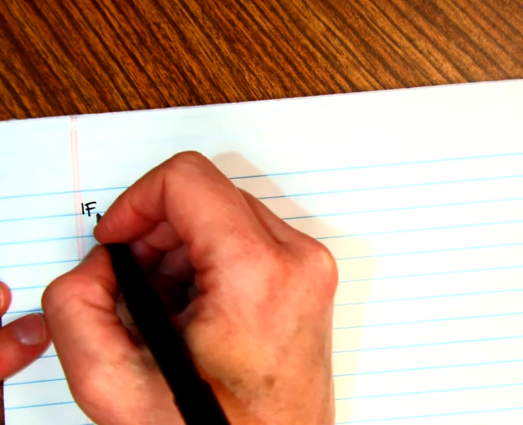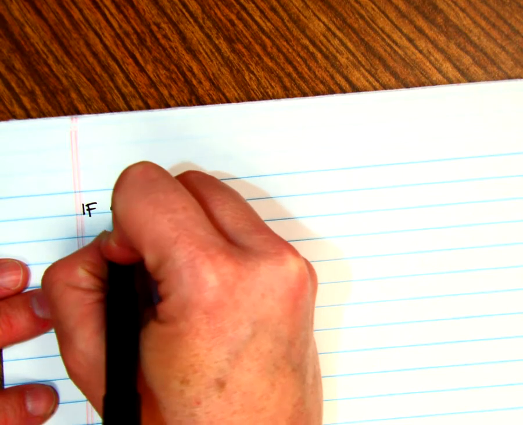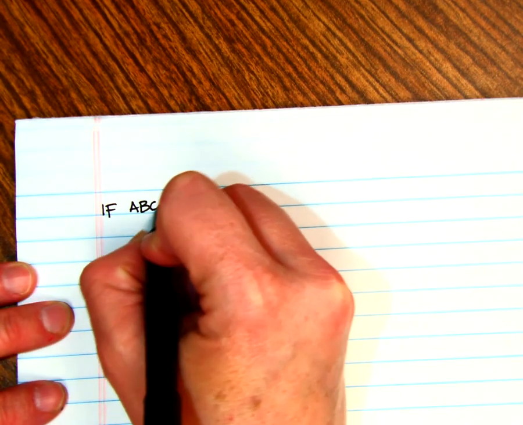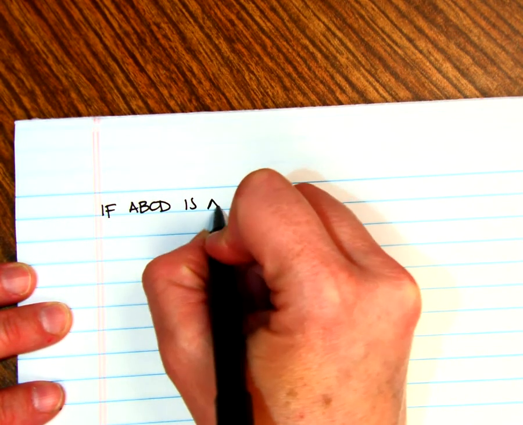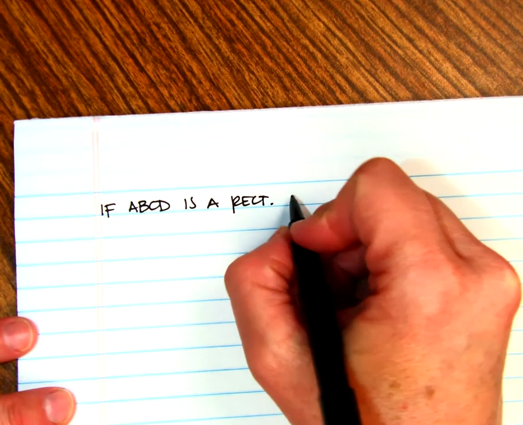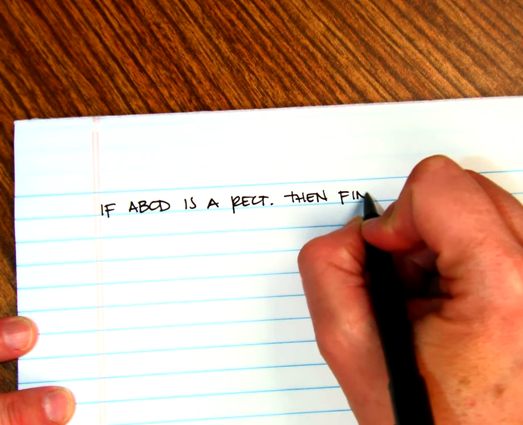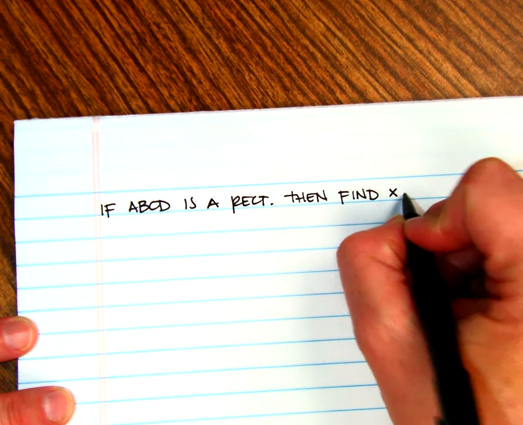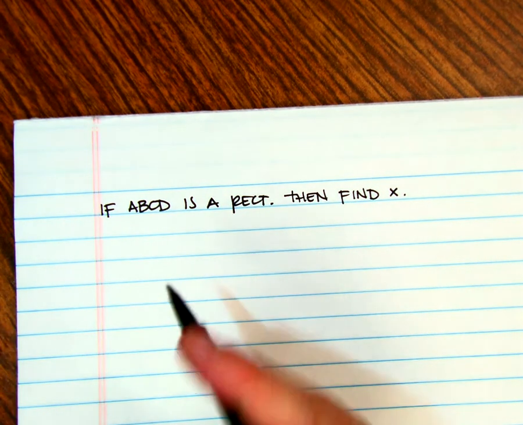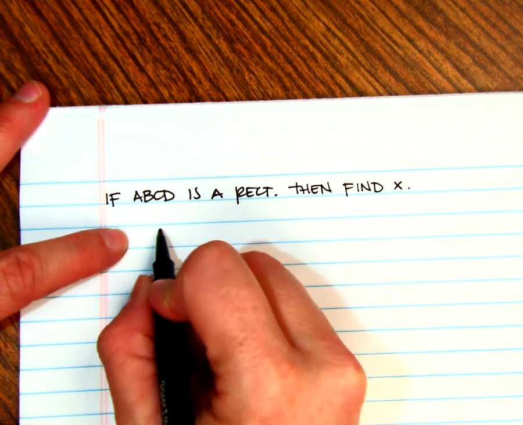Okay, so if ABCD is a rectangle, then find X. When you are dealing with quadrilaterals, A, B, C, D, it has to be in that order.